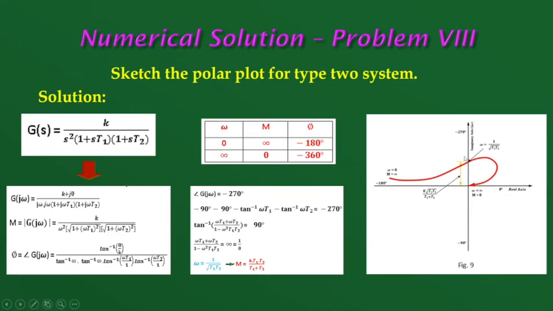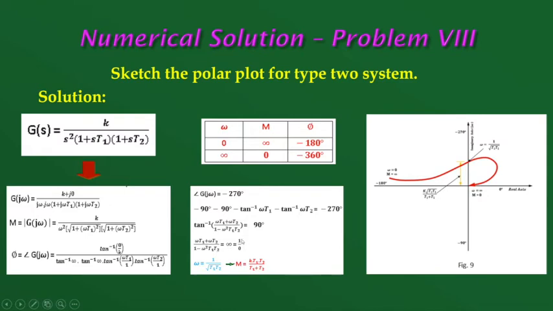Then find the crossing point at the imaginary axis. So at this axis, what is the angle? Minus 270, because this is the clockwise movement. Then write down this equation of phase angle: minus 90, minus 90, minus tan inverse omega t1 minus tan inverse omega t2 is equal to minus 270. So taking the tan inverse formula, this is equal to 90.